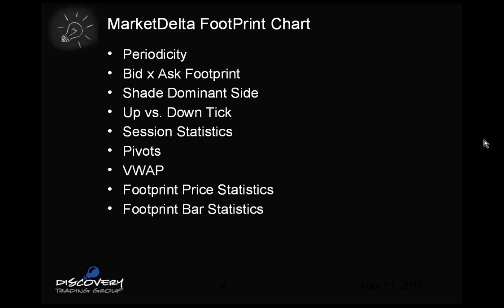Obviously, it's just a difference of whether the orders are hitting the bids and the offers or whether they're actually responding to the up versus the down tick. Really, really marginal difference between the two. I'm not trying to sell it one way or another, to be honest with you, but for whatever reason, we find that the up versus down tick lets us see the footprint in a way that's a little easier for us to see. We just feel like it draws the colors and everything. For our setups, it's a little bit easier to look at and to determine when we have a setup.